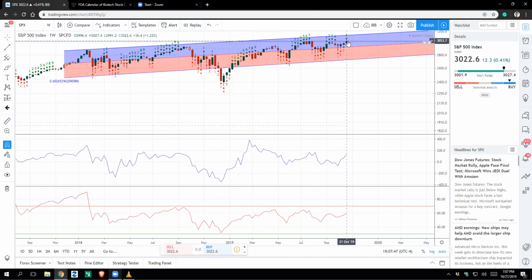This 3025 to 3030 is a resistance, but I think if the S&P 500 can go above this upper range of the channel, around 3100, it's possible that we could go to 3100 if the S&P 500 can go above these recent highs.